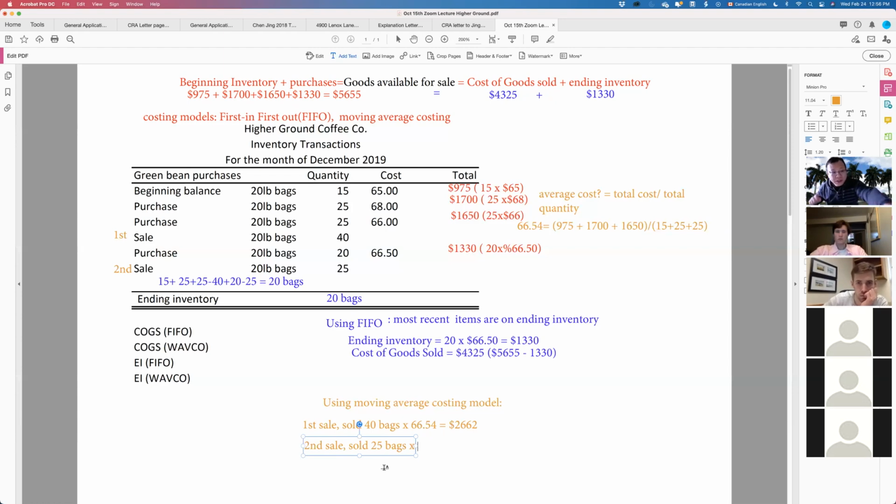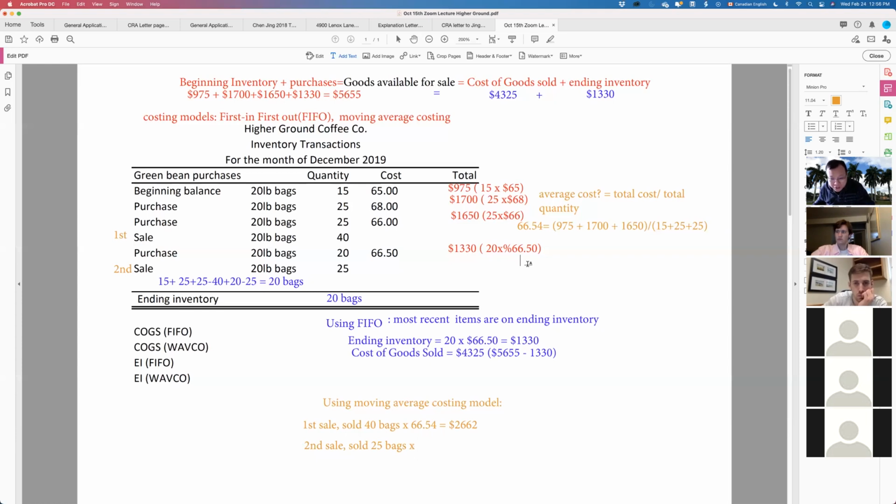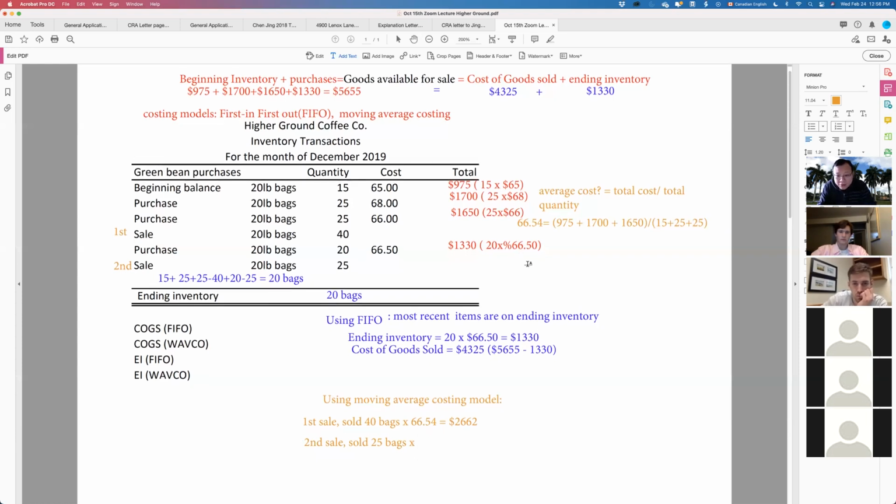Right before the second sale, you have to evaluate what the average is.